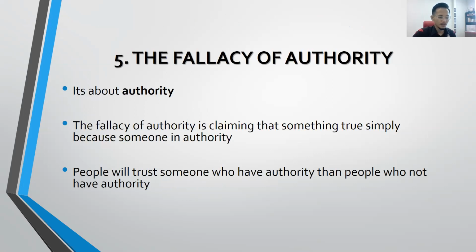So normally masyarakat rakyat kan we believe them, akan percaya, oh kita menjanjikan kita akan buat ini dan sebagainya. So normally Malaysians will tend to believe or trust those persons that have power. Okay, so that's why people will trust someone who has authority more than people who do not have the authority.